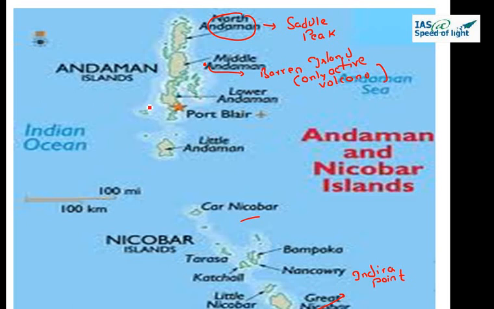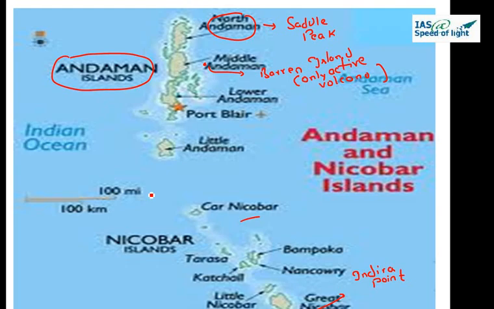Now, if we talk about the Andaman Islands, one is the Great Andaman. So Great Andaman is made up of these three islands, the North Andaman, Middle Andaman and the South Andaman. Port Blair, if you can see here, is also in South Andaman, the capital of Andaman and Nicobar Islands.